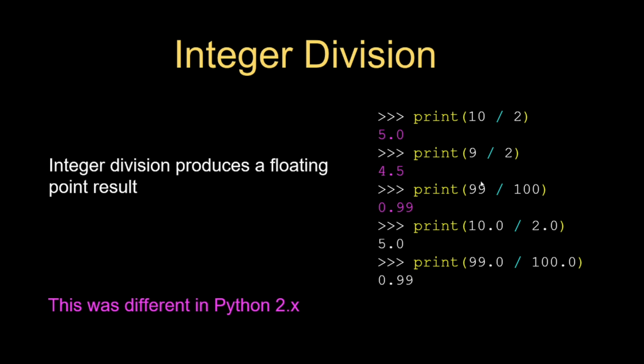But to be safe, Python would display that in a floating point format to cater for the possibility that the quotient of the division has a fraction. So in this case, 9 divided by 2 is 4.5. That's why it would automatically convert the result to floating point.